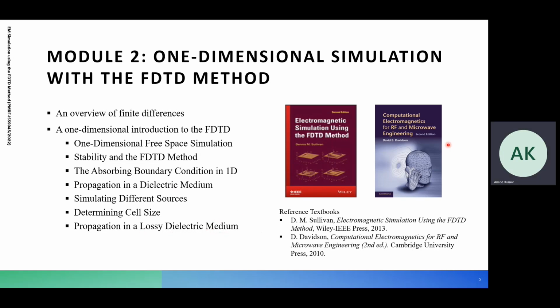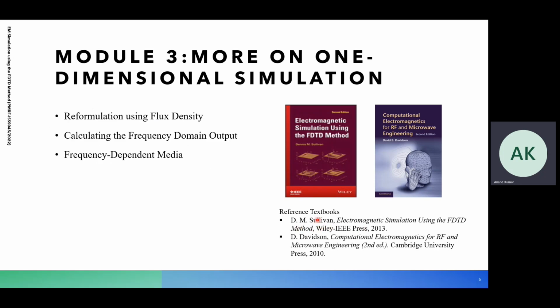We followed both these textbooks, and the codes which we discussed in the class were from the book by Sullivan. Then in module 3, which we covered in the last class, we discussed the formulation using flux density, and looked at calculating the frequency domain output.